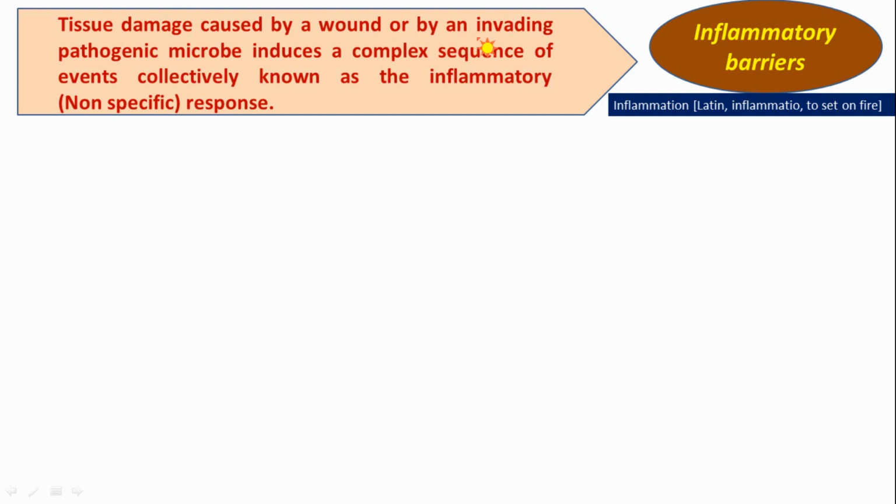It may be because of tissue necrosis or immunological reactions. Then this tissue damage induces certain complex reactions, and all these reactions collectively are called the inflammatory response, or inflammation, which is non-specific in nature.